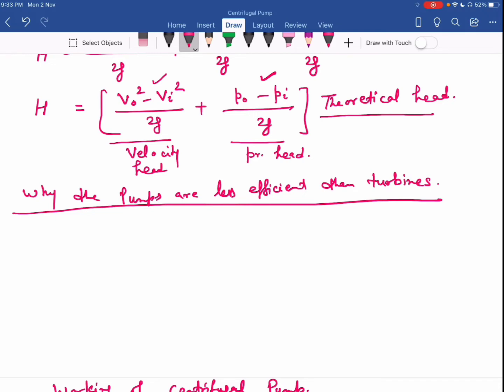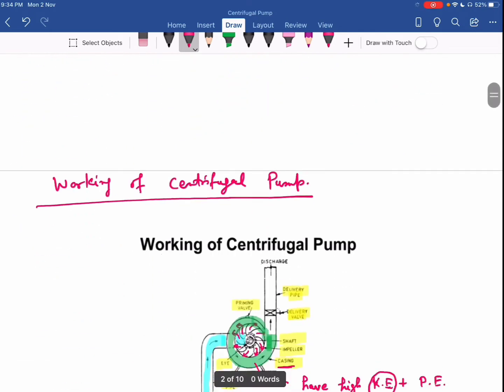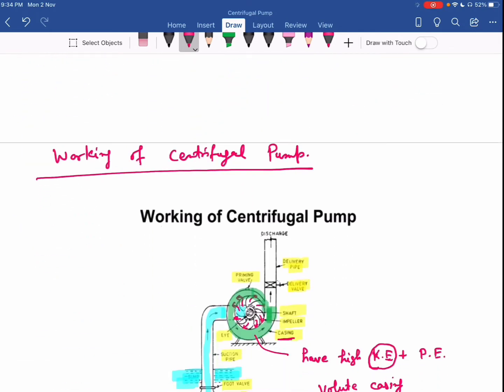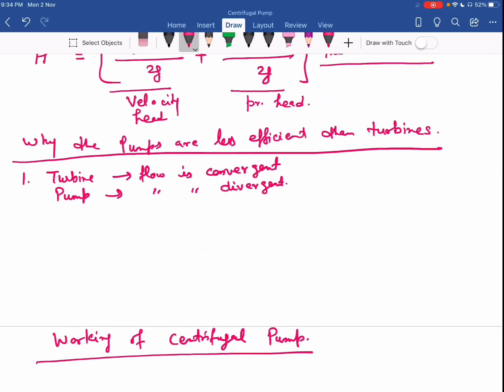In a turbine, the flow of liquid is convergent, whereas in a pump, the flow is divergent. Convergent means from a higher cross sectional area to a lower cross sectional area. In the pump, you can see it is from the eye, which has a lower cross sectional area, to a large part of the casing having a larger cross sectional area. So in a turbine the flow is convergent, however in a pump the flow is divergent.